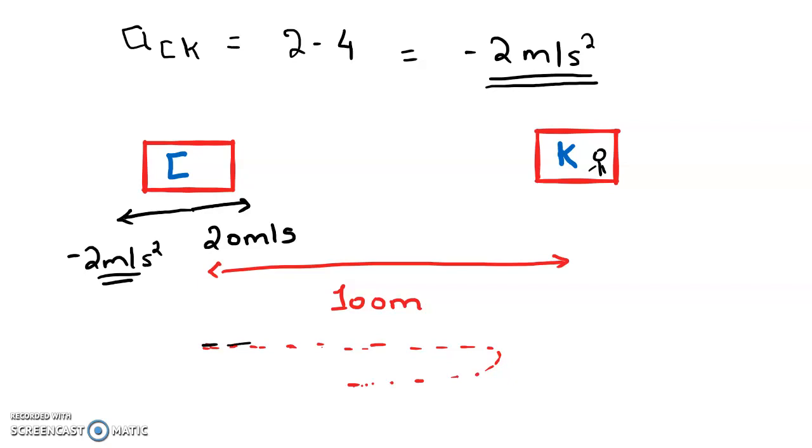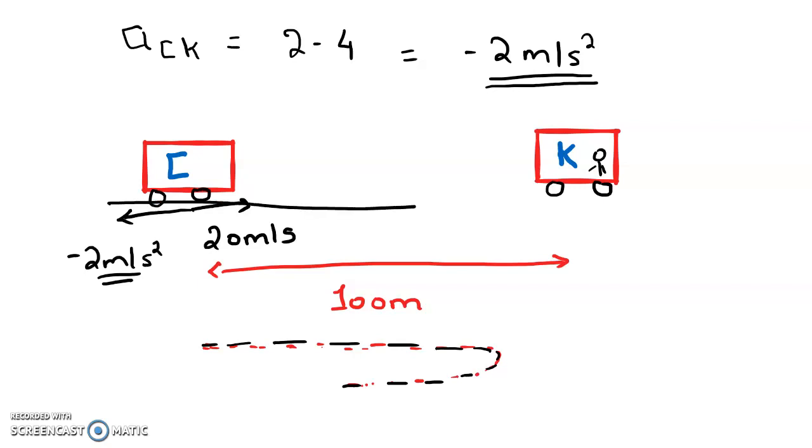If that is less than 100, it is not going to catch it. I just need to find the displacement of the car from the frame of the cart before the velocity gets zero.